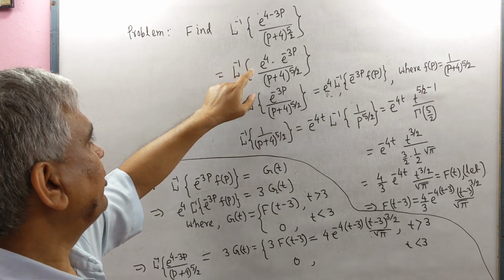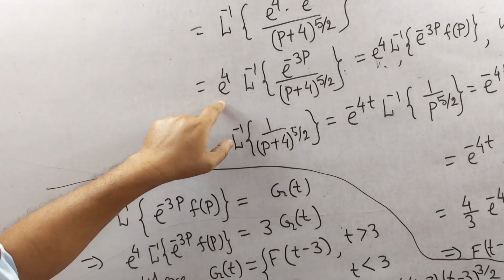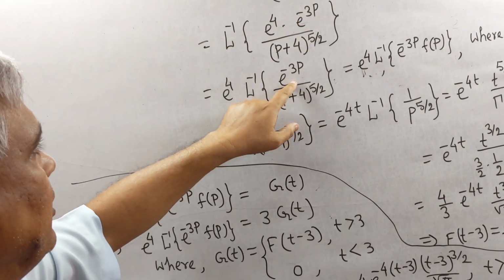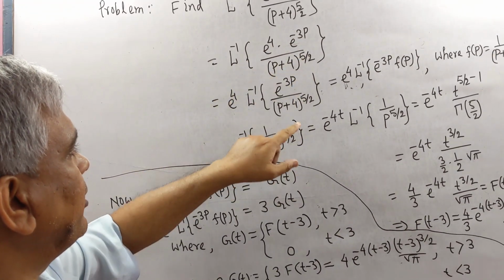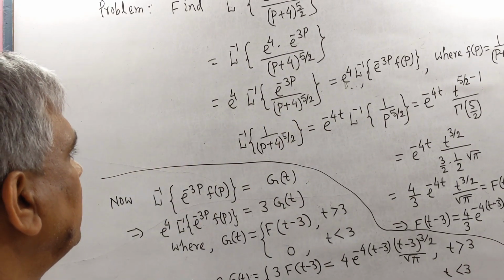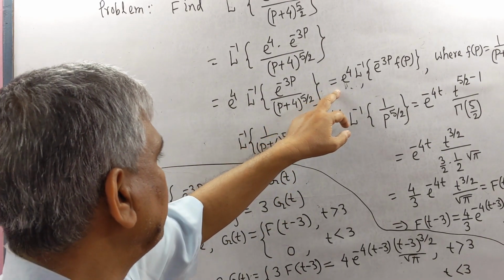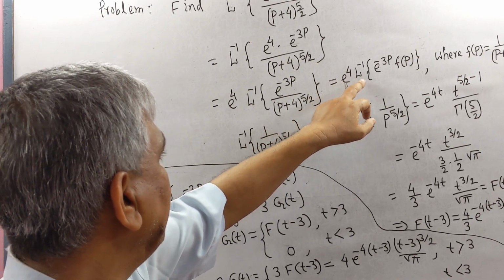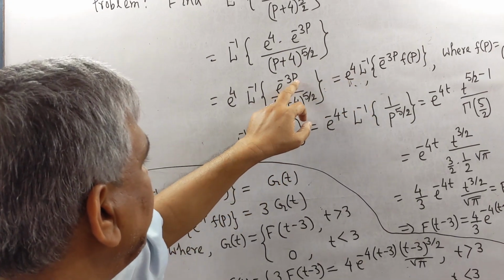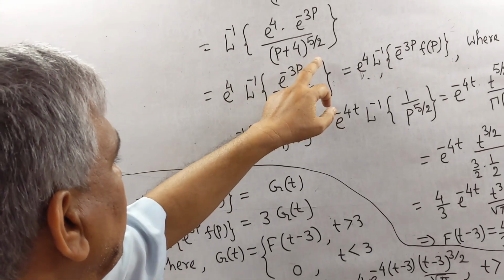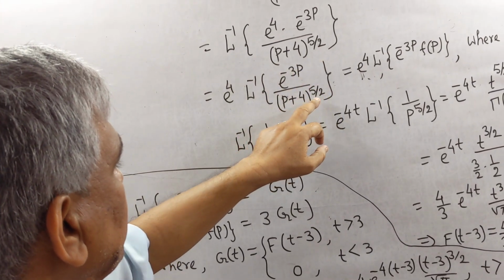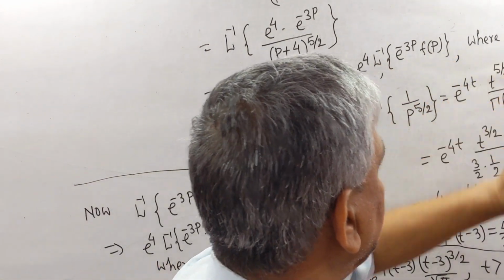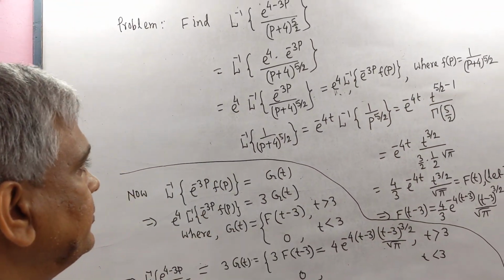We take e to the power 4 outside, and remains L inverse e to the power minus 3p by (p plus 4) to the power 5 by 2. This is equal to e to the power 4 L inverse e to the power minus 3p f(p), where 1 by (p plus 4) to the power 5 by 2 is f(p).